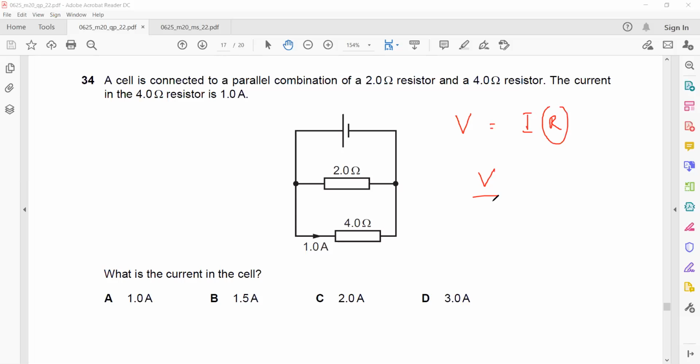So total voltage divided by total resistance will get the total current. This is one way.